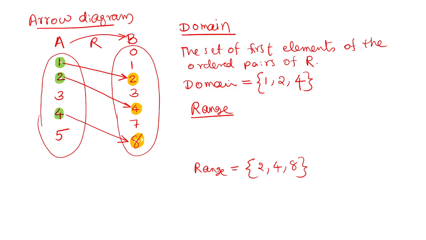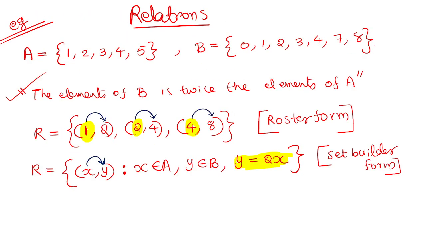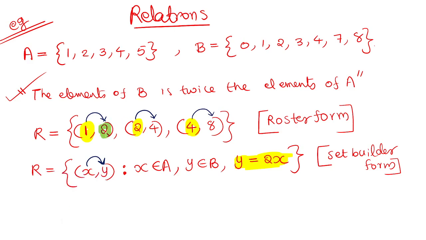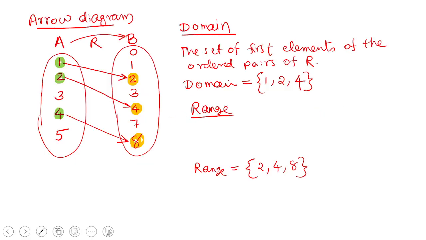Or you may define the range in another way: the range is the second elements of the ordered pairs of R. What are the second elements? 2, 4, 8. Clear?